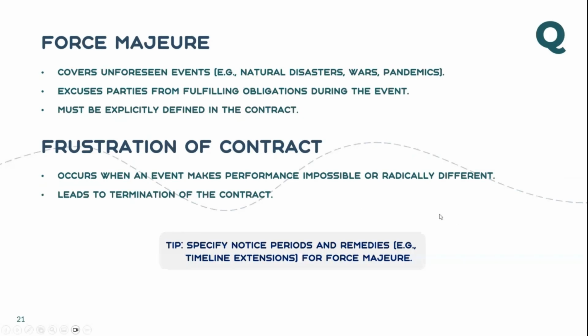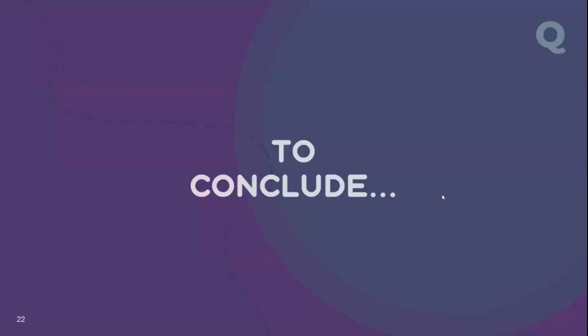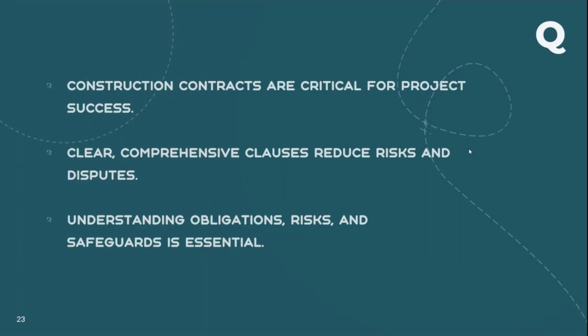But apart from that, when you have a contract, now we know where to start and how to read. We are going to prepare a detailed Excel checklist and we will be circulating it to the participants in two or three days' time, so that you can use it as a reference to review the contract.